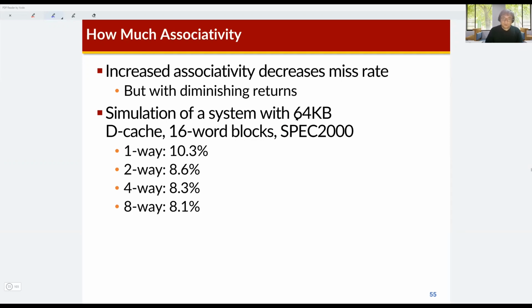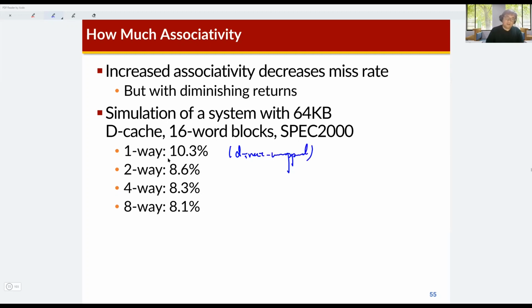The data cache size is 64 kilobytes, and the size of a single cache line is 16 words. And with the one-way set associative cache, this is the direct mapped cache.